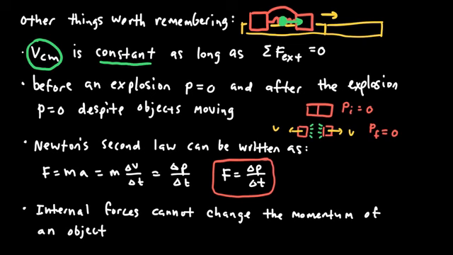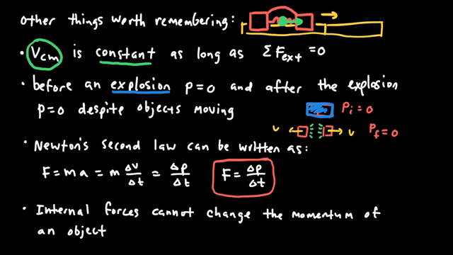Another point: we tend to talk about all these collisions as carts coming from the left and the right, sticking together or whatnot, but conservation of momentum is very often applied in situations where there's an explosion. Maybe my picture of this little red thing is a little pipe that has some explosives inside, resting on a shelf. The initial momentum is 0 because there's nothing moving. After the explosion goes off inside the pipe, maybe the pipe splits into two pieces, one moving to the left and one to the right.